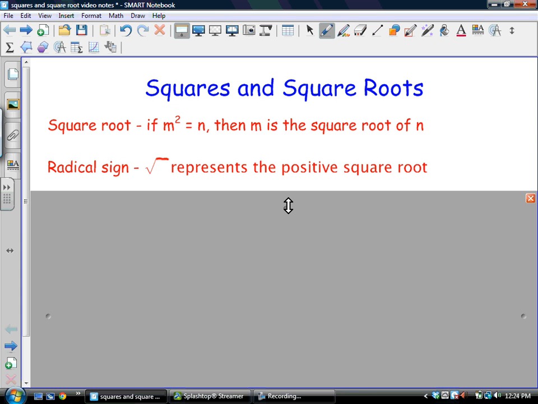And when you see that sign, that means to find the positive square root of the number that's underneath it. Okay? Anytime you see the radical sign, that means to find the positive square root of the number that's underneath it. I'll show you a couple examples in just a second.